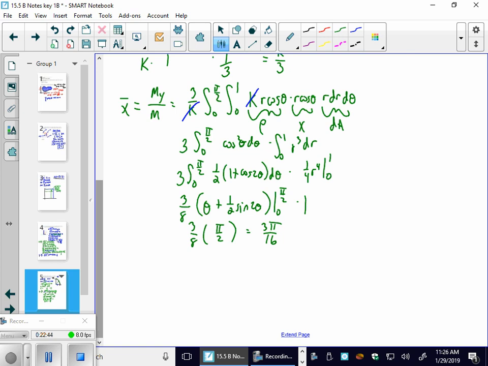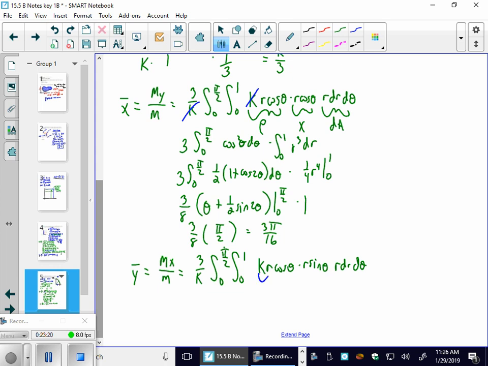Now we need y bar, which again I'm not going to work out completely, but I'll help set up with you. The only difference there, still 3 over k, integral 0 to pi halves, integral 0 to 1. Still have our k, r cosine theta, but now remember we have to introduce a y here. So y is r sine theta, and then r dr d theta.